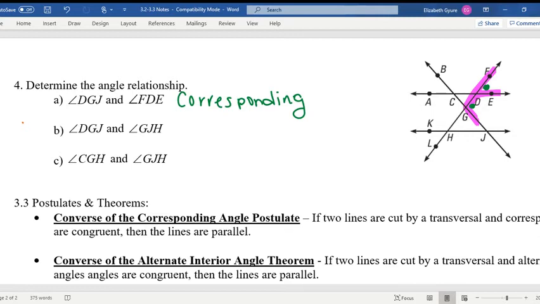But if you're looking for corresponding angles, you should look for a little F shape. Sometimes it's upside down, backwards, sideways, whatever. But if you squint just hard enough, could this kind of be a little F shape? It's like a little lopsided F, maybe a kindergartner wrote it or something.